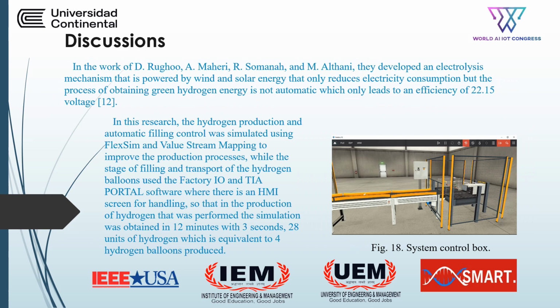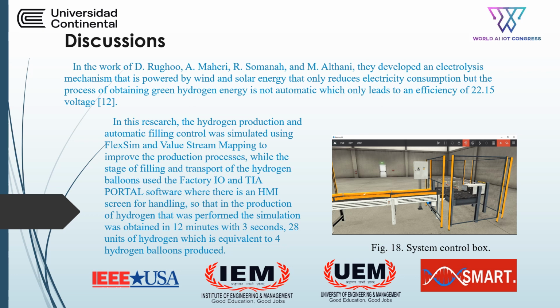Discussion. In the work of Rugo A., Merit, and other authors, they developed an electrolysis mechanism powered by wind and solar energy as the only electricity resources, but the process of obtaining green hydrogen energy is not automatic, which only leads to an efficiency of 22.15 voltage.